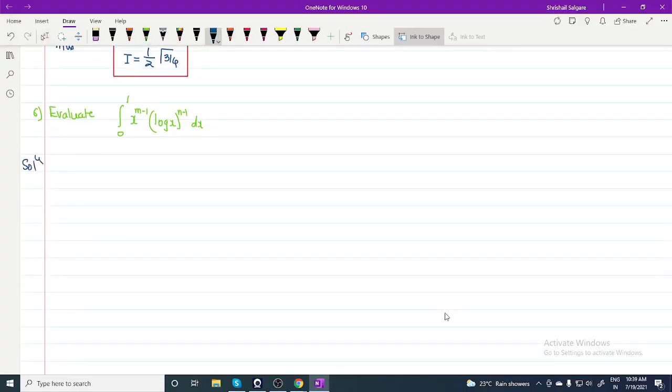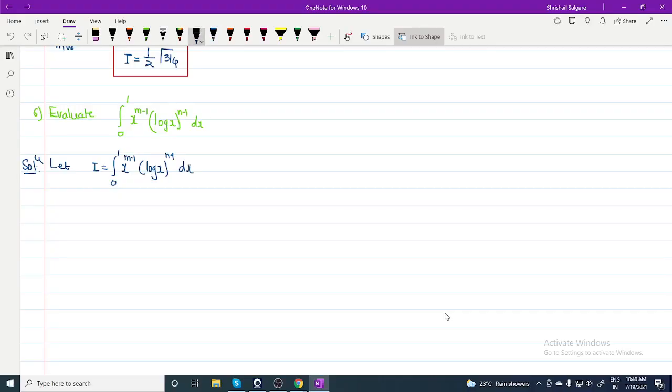For this example, first I will call the given integral as I. So let I be equal to the integral from 0 to 1 of x raised to m minus 1 into log x raised to n minus 1 dx.